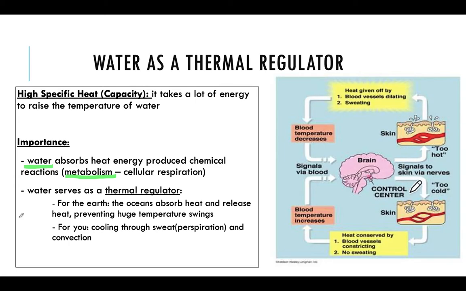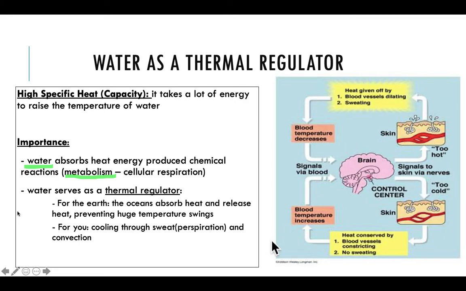When you are cold, your brain sends signals to your body to contract blood vessels and keep that water inside your body to help maintain the heat that you do have. So water overall is very important to the homeostasis of living organisms.